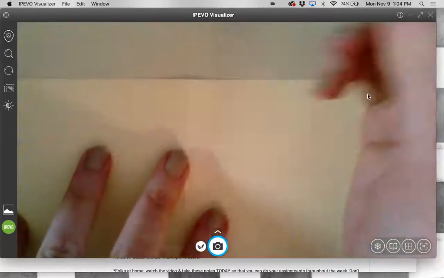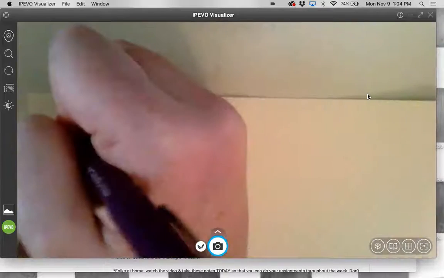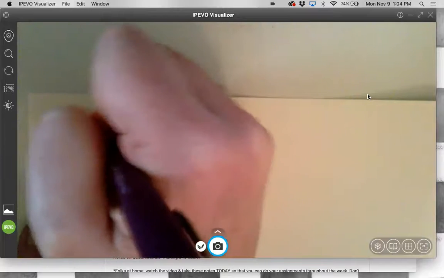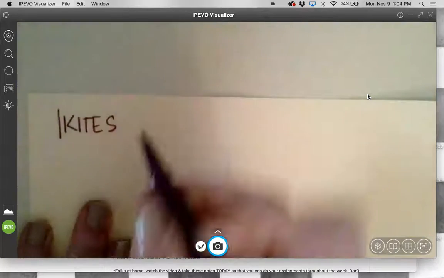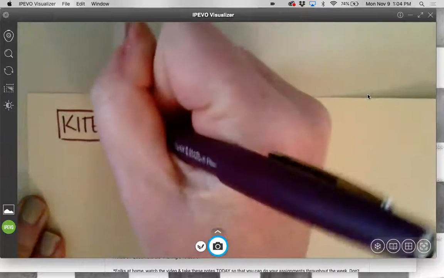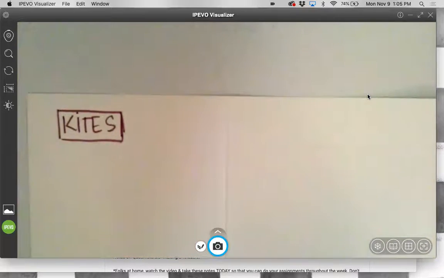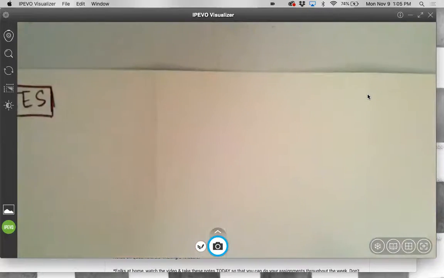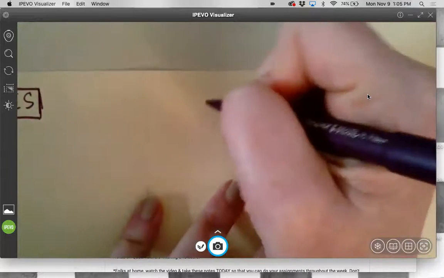So on the back, we're going to put kites, K-I-T-E-S. And then we're going to put trapezoids.